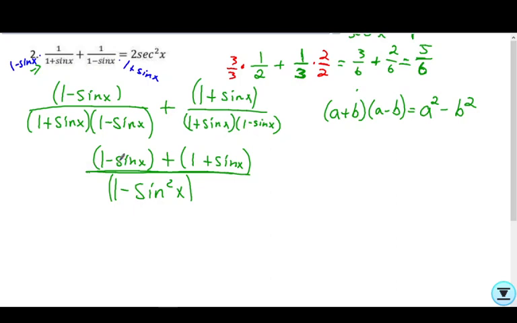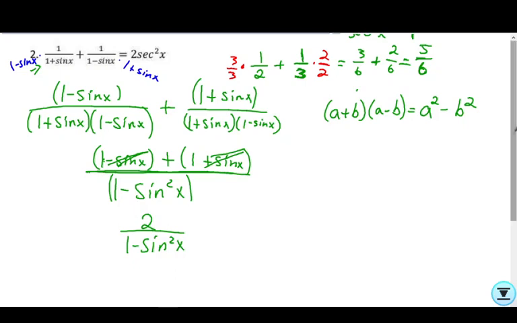Now, when I add them, I get 1 minus sine plus sine. That ends up being 0. So I end up with 1 plus 1, so I end up with 2 over 1 minus sine squared x. And as soon as I see that 1 and that squared trig function, I automatically look to my Pythagorean identities.